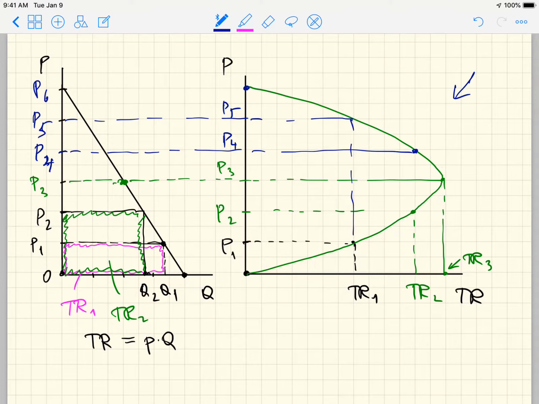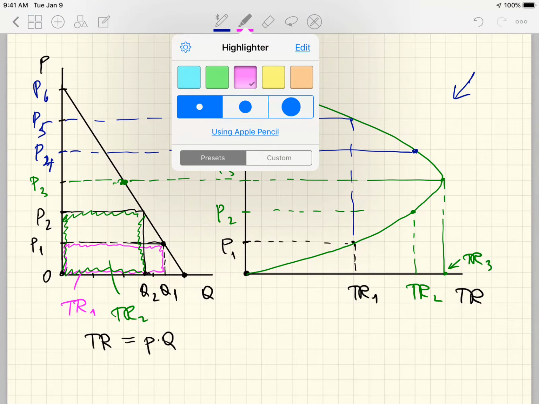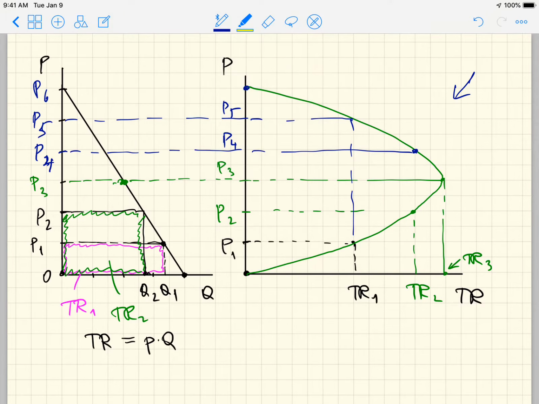So what do we see on this diagram? We can see that total revenue might follow price, or it can go against it. When price is low, increases in price result in an increase in total revenue. As you go from P1 to P2, total revenue is increasing, because you go from TR1 to TR2, and TR2 is clearly larger.